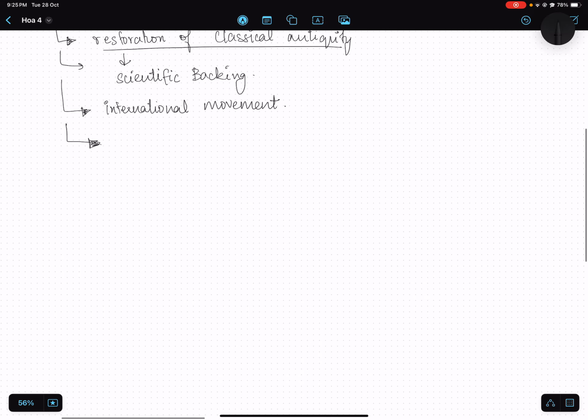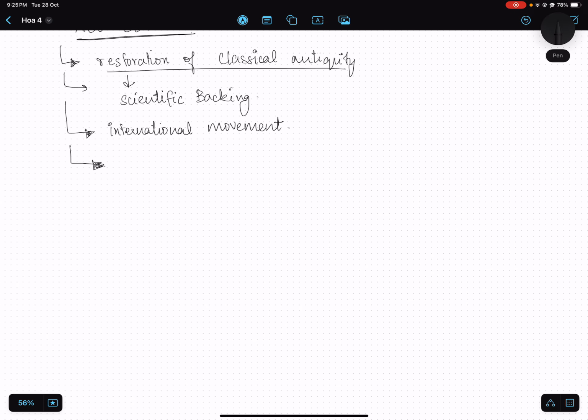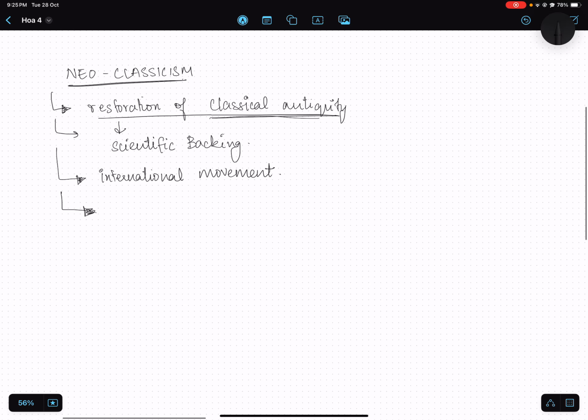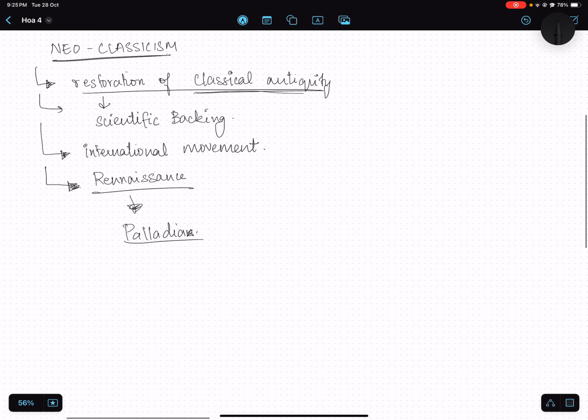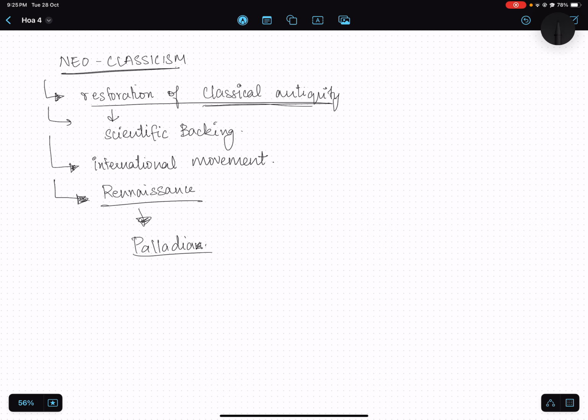And a lot of architectural features were not just classical architectures. They took inspirations even from Renaissance, a lot more inspiration from Palladian architecture works like Andrea Palladio's works. So they took a lot of inspirations from a lot of other architectural works, and that is how it led to the international movement called Neoclassicism.